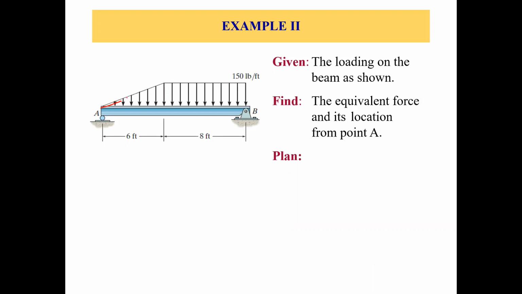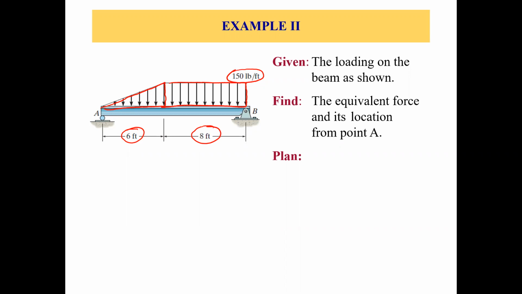The maximum magnitude is 150 pounds per feet. We have these dimensions, 6 feet and 8 feet. So this is given. What do we need to determine? The equivalent force and its location from point A.